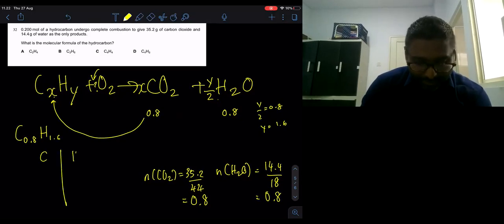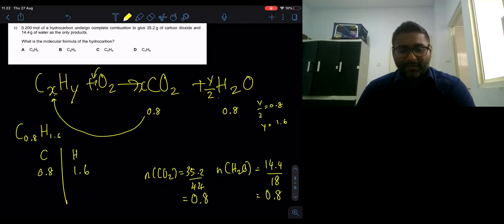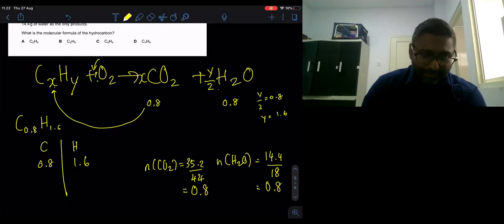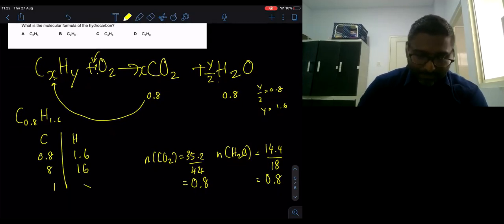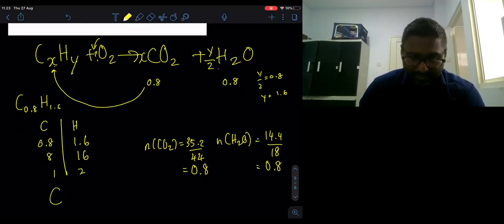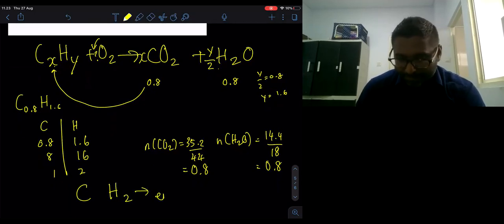Carbon, hydrogen. The ratio is 0.8 and 1.6. So let's find the ratio. 8 and 16, so 1, 2. So it means carbon 1, hydrogen 2. This is going to be the empirical formula.